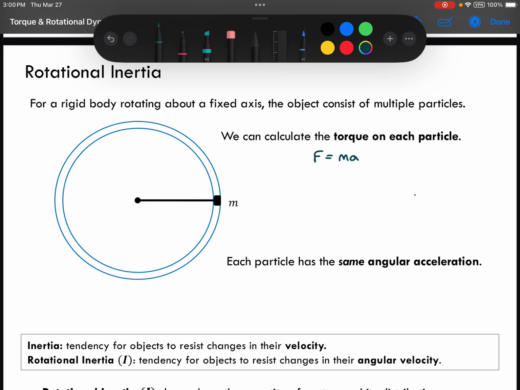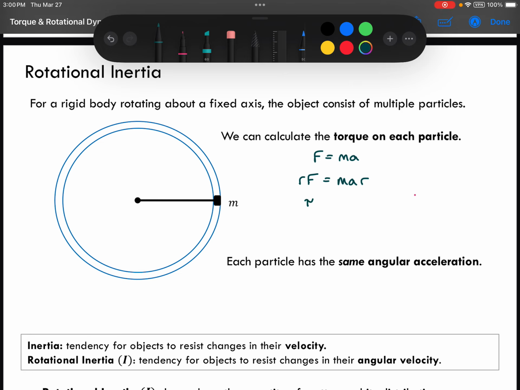And this is the tangential acceleration, looking at it linear. Well, to get the torque, we know it's the radius times the force, so RF. And what we do on one side, we need to do to the other, so MA times that radius.